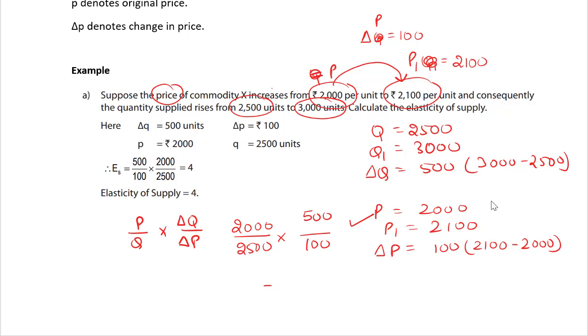You will solve it, you will get 4. That means elasticity of supply is 4. Students, I believe it is clear till here.